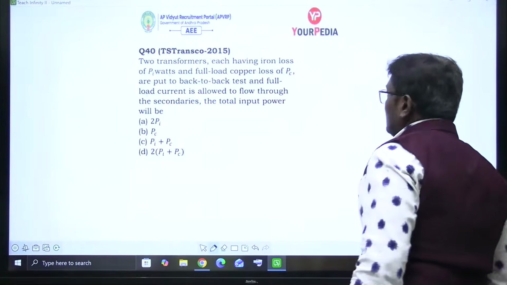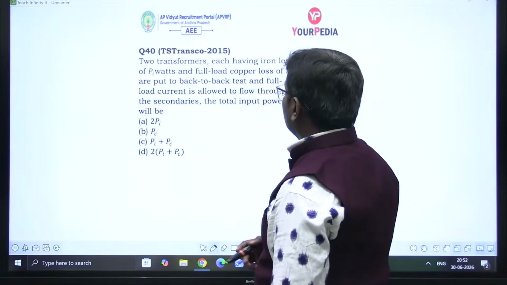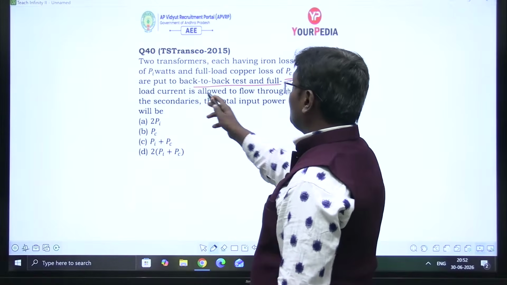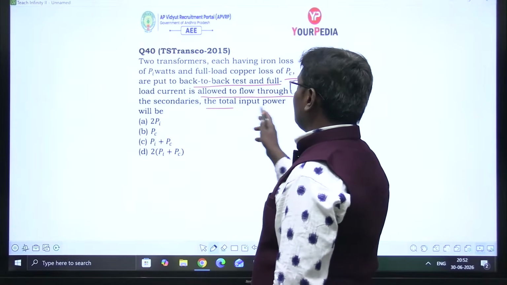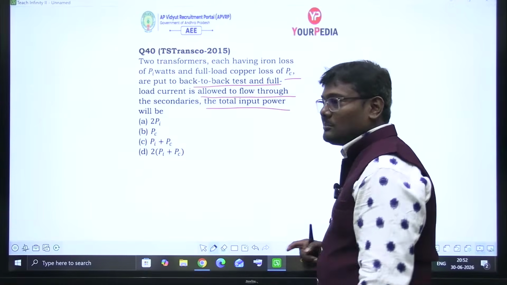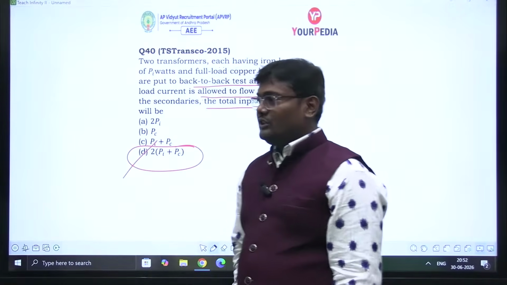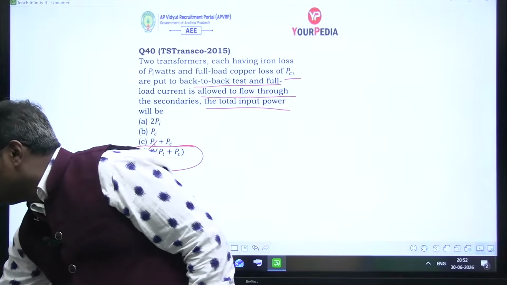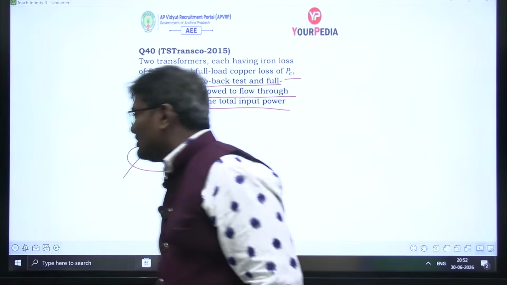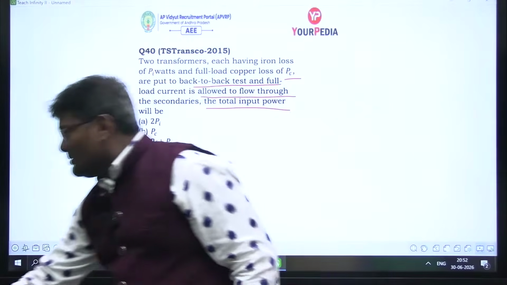Now, two transformers, each having iron losses PI and full load copper loss PC, are put on back to back test and full load current is allowed to flow through the secondaries. The total input power, as I told, in the Sumpner test you can directly put as 2 into PI plus PC.